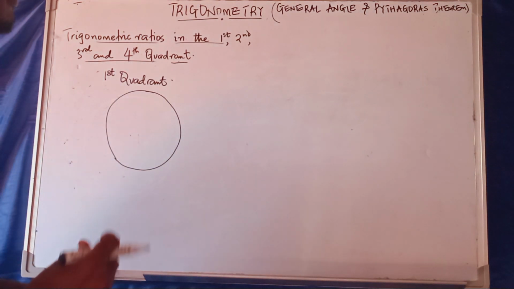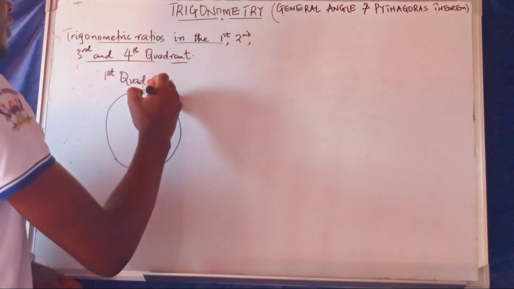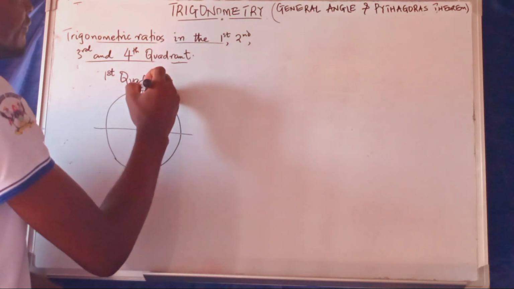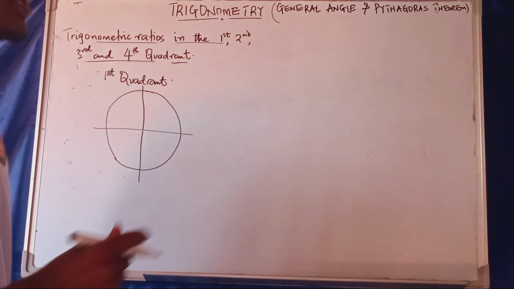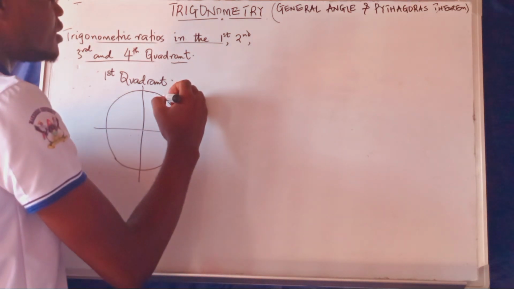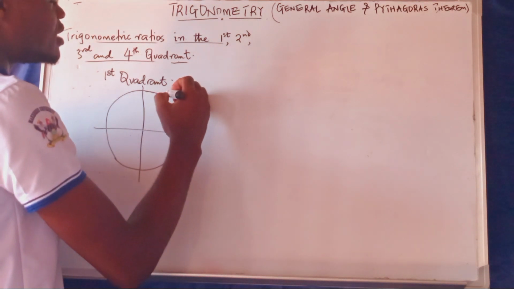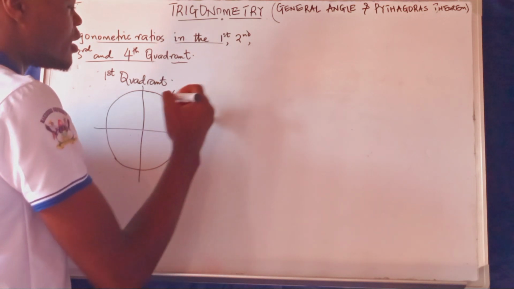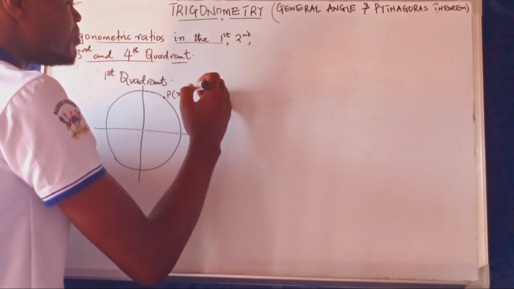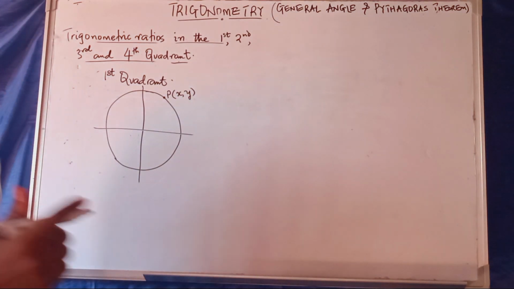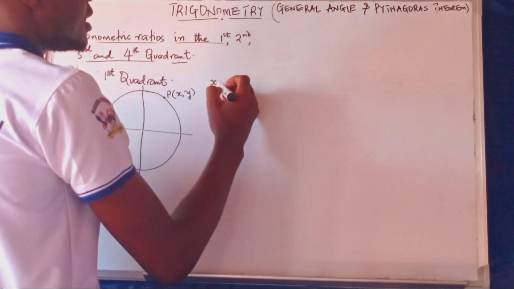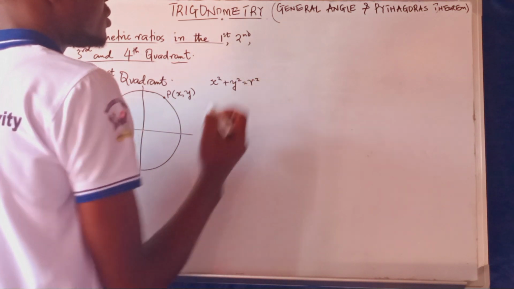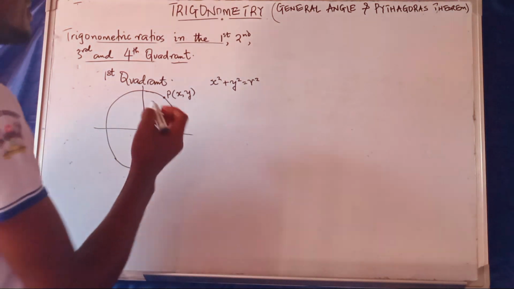If this is my circle, I divide it into 4 equal parts. So this is my quadrant. We know that if this is a point on a circle, let's say point P, (x, y). These points must satisfy the equation that x squared plus y squared is equal to r squared, where r is the radius of the circle.